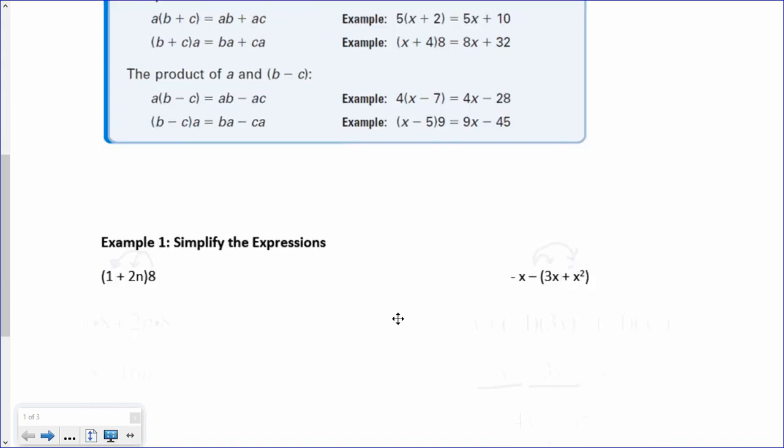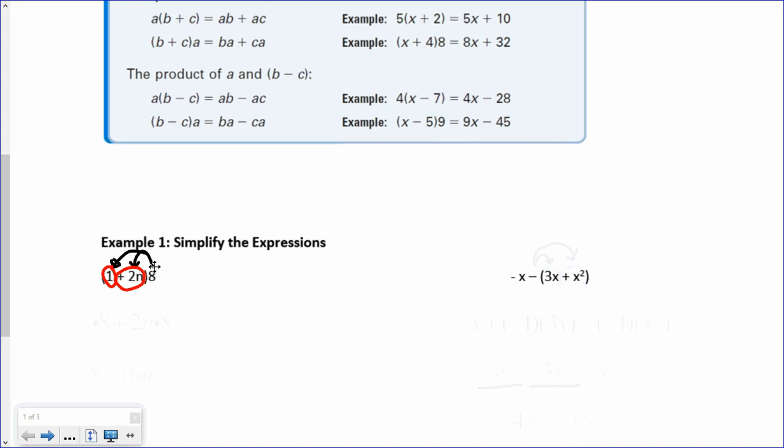So example 1, we have some distributing to do. We're going to distribute this 8 that's on the outside with the 2n and the positive 1. What happened here? I accidentally clicked early. But what I strongly encourage everyone to do is to circle the terms that are getting multiplied with 8 and include the sign that's in front of that term.